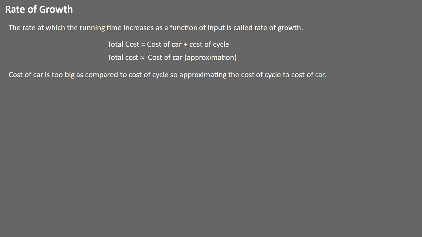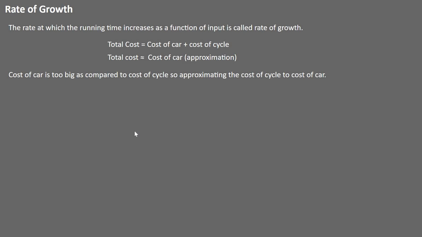When you calculate the cost of both things, you will see, which is obvious, the cost of the car is higher than the cost of the cycle. So approximately, the cost of the car is the actual expenditure of the day, because the cost of the cycle is almost negligible compared to the cost of the car.